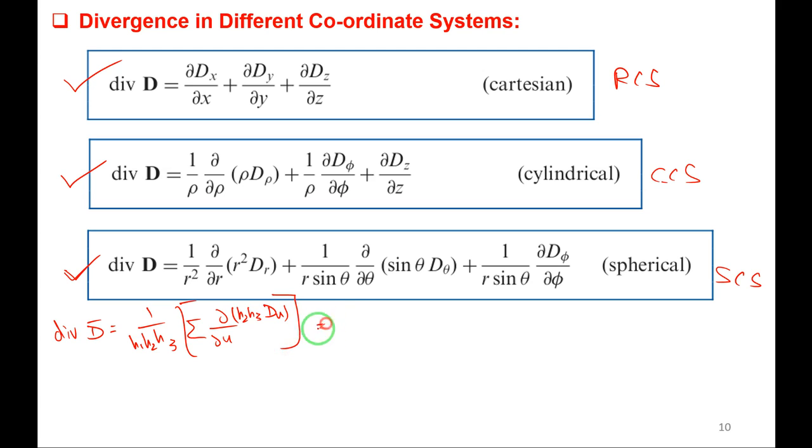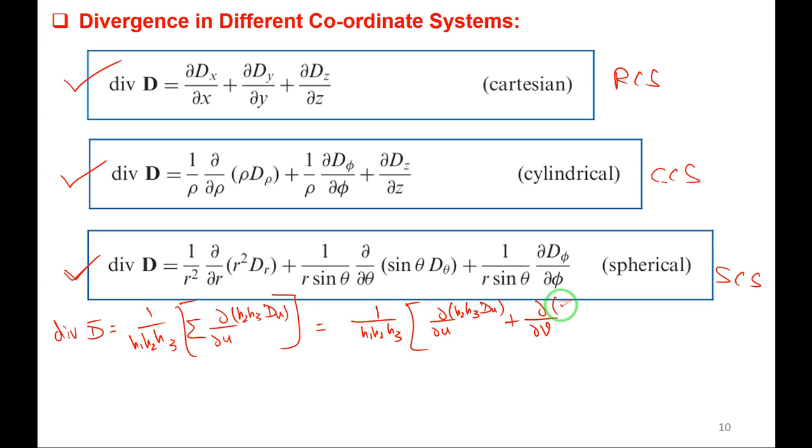We will expand this first. So 1 by H1 H2 H3 into dou by dou u of the first term H2 H3 into du. Then I expand this summation: dou by dou v. After u, next comes v. H3 H1, since 2, 3 is over, next is 3, 1.